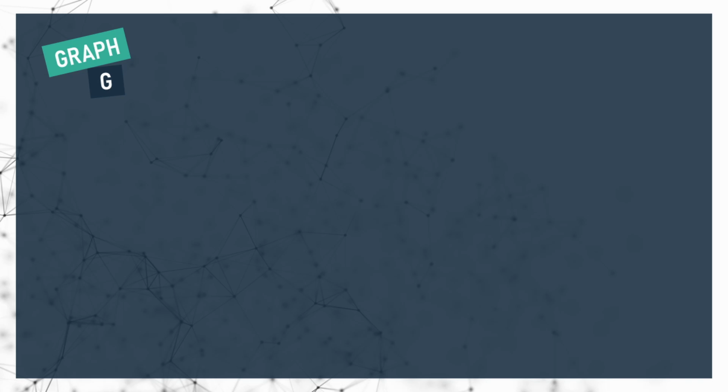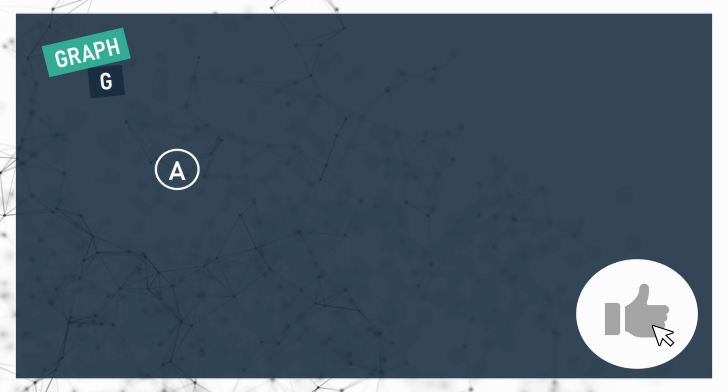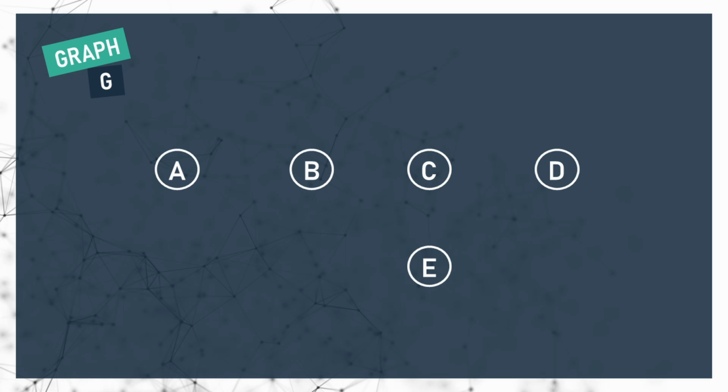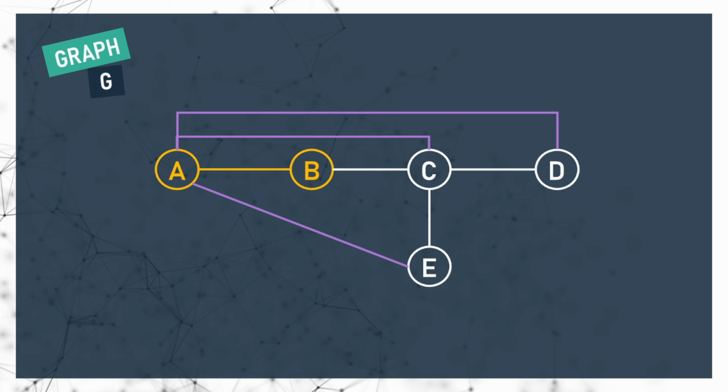Consider that graph G has now vertices A, B, C, D, and E, and edges AB, BC, CE, and CD. Let's find the edges in the complement. A is connected to B, but it's not connected to C, D, and E. Edges AC, AD, and AE are missing.